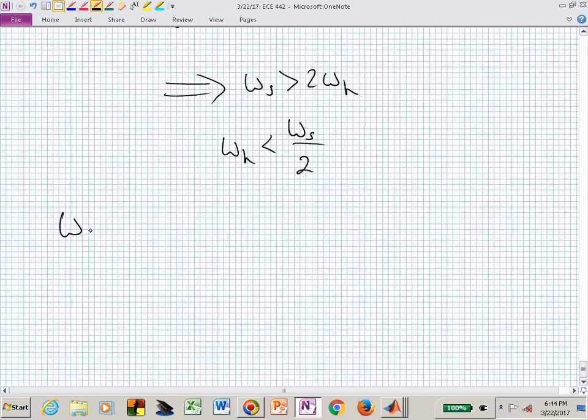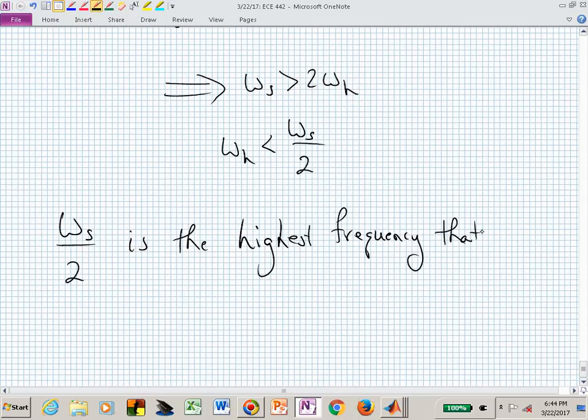Omega sub s over 2 is the highest frequency that can be resolved in a sampled waveform.